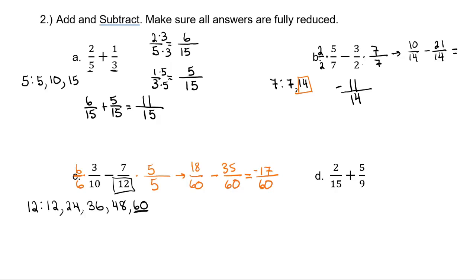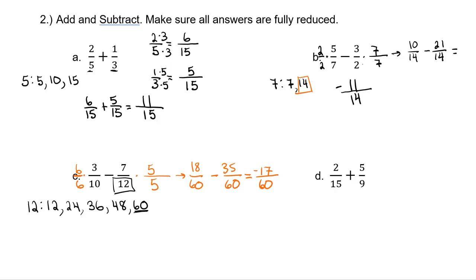Same thing here. So that's why I haven't stopped and done anything else. But again, I just have that as part of my process that I naturally do, but you may not yet. So I want to make sure that that's a clearly stated part of the process. And again, sometimes you'll need to reduce and other times you won't, like in these three problems.